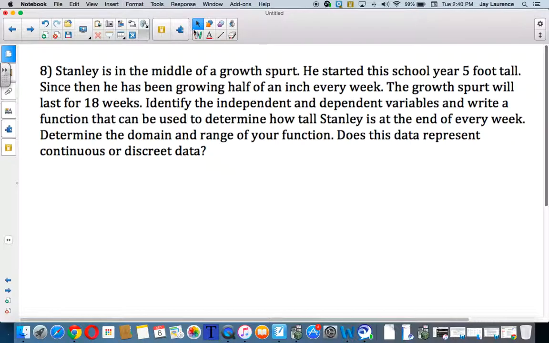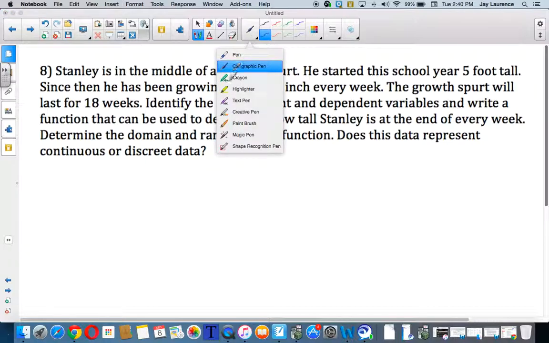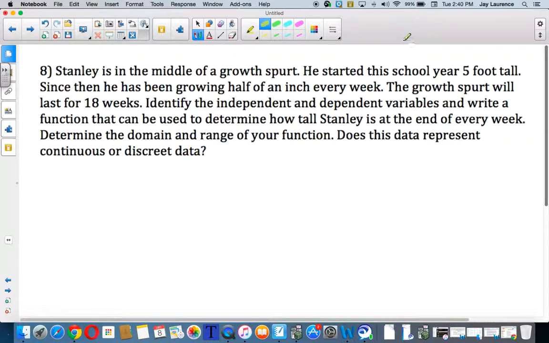All right, the first thing we are going to do here is identify our variables. When I go to identify my variables, I'm looking for the things that are changing. Now it says right here, where is it? I can't find it.